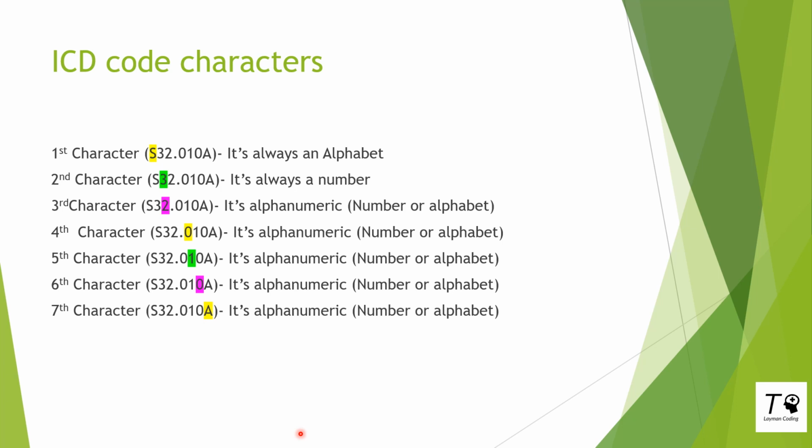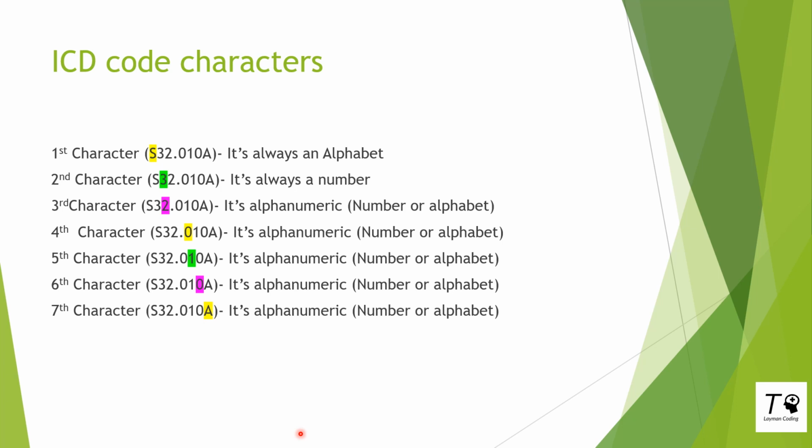Now you might be thinking why we should learn this. When you appear for any CPC exam, you have 4 options in front of you. To rule out 1 or 2 options, this method will help you. Suppose they have given you the code 132.010A.